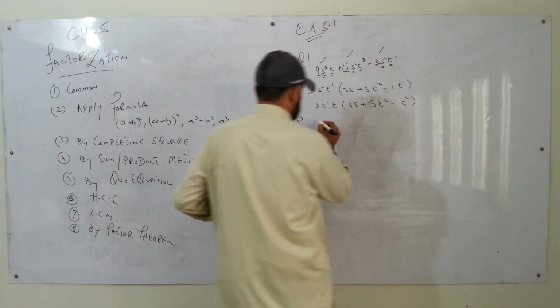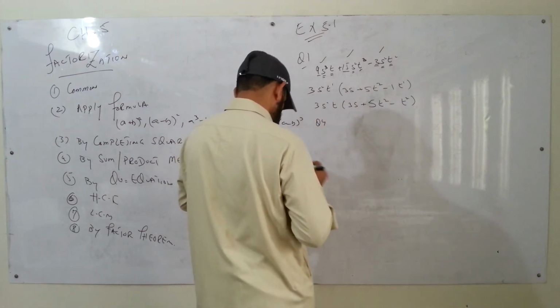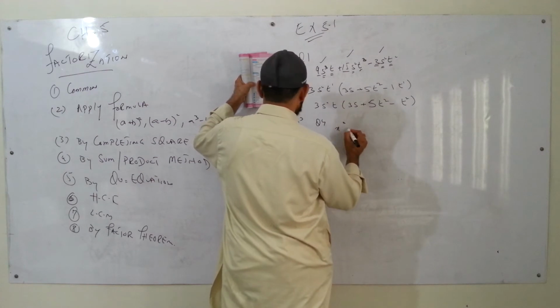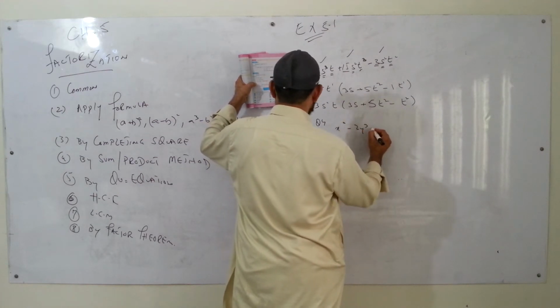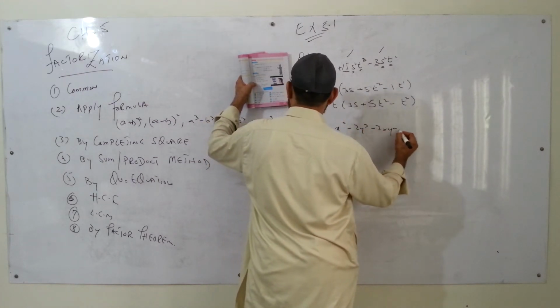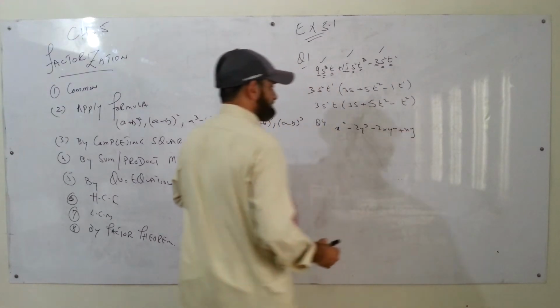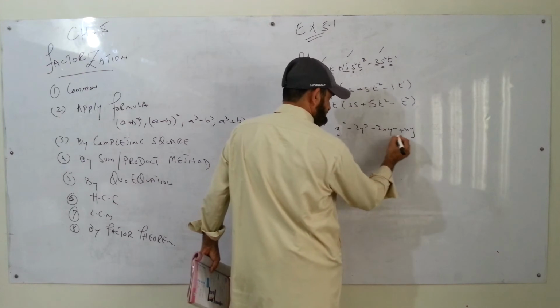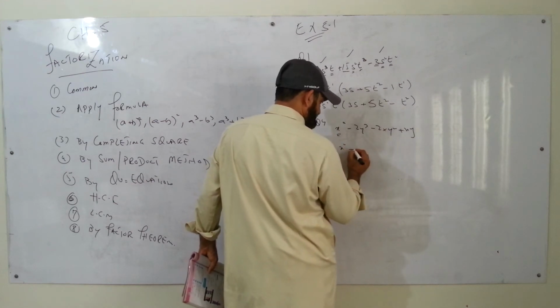Now, question number 4: x^2 - 2y^3 - 2xy^2 + xy. Arrange the like terms.